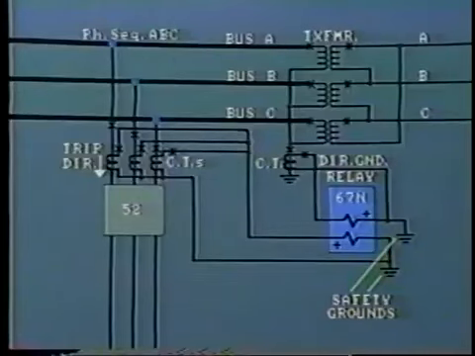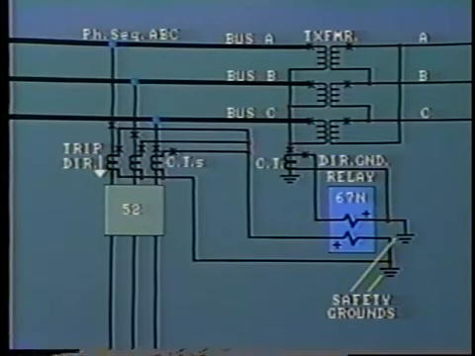Many relays operate by comparing phase relationship between voltage and current, or perhaps some other quantity. A typical example is the directional sensing relay that we discussed in the previous videotape. Here we see typical connections for a directional ground fault relay.